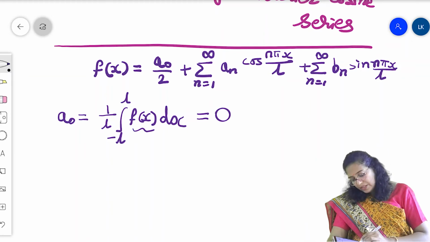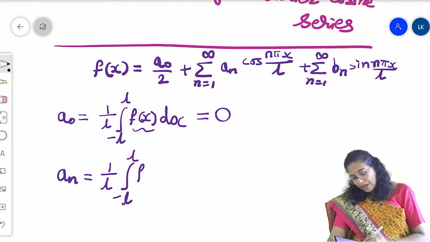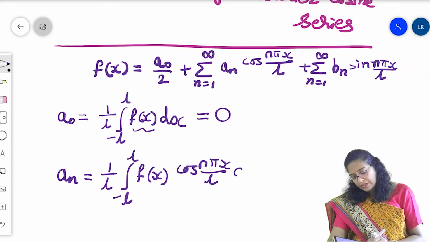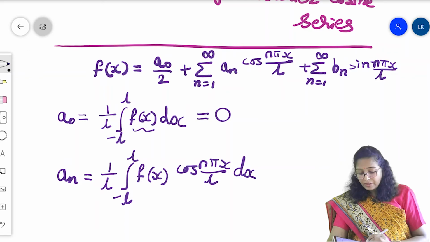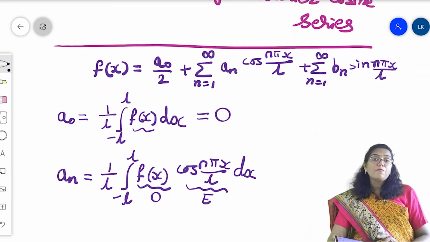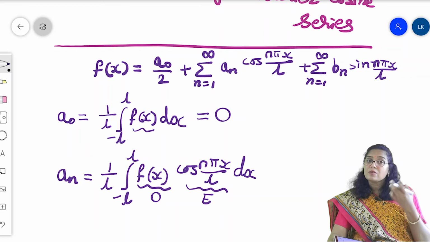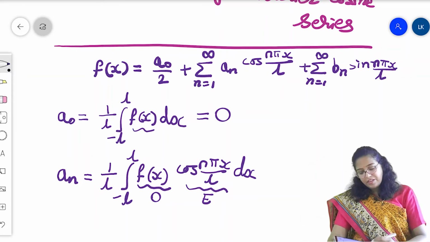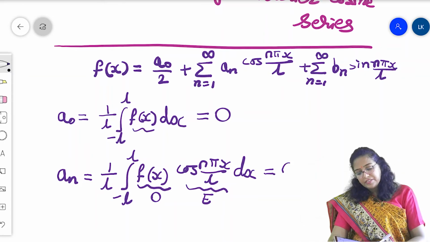What about an? an is 1 upon L integral from minus L to L of f(x) cos(n pi x upon L) dx. f(x) is an odd function, cos is an even function, and the product of an odd and an even function is always odd, therefore its answer is 0.